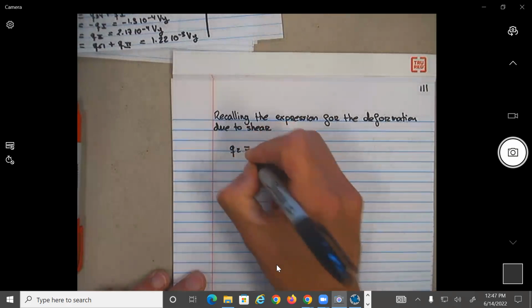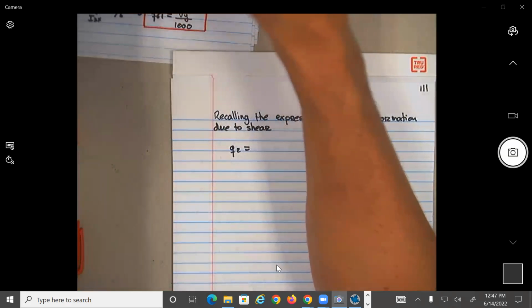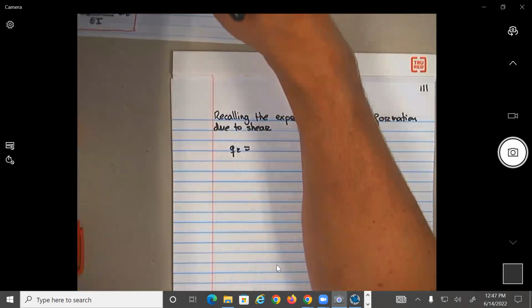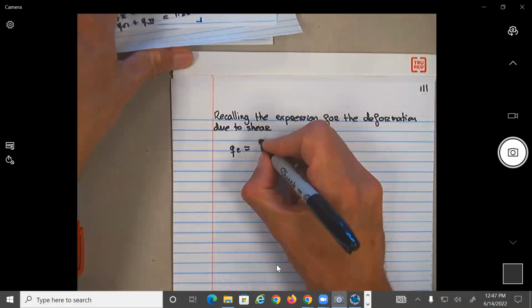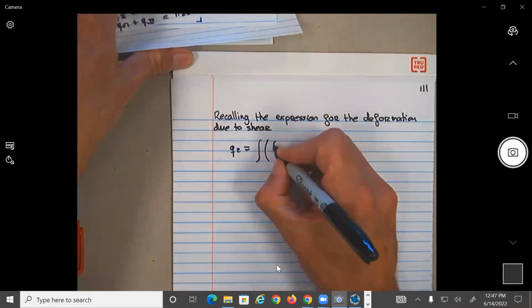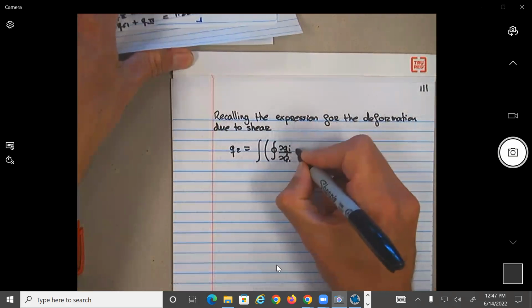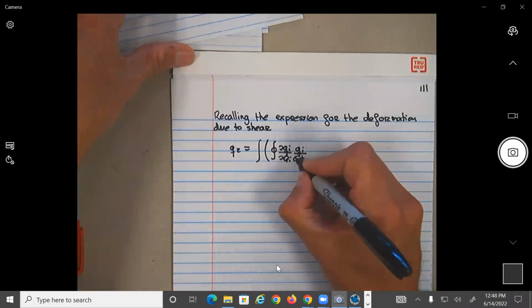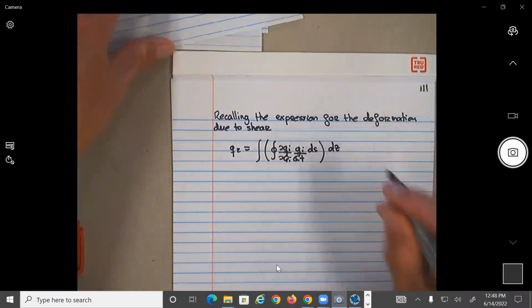Q2 equal to, let's see which order did I use. I think I know, reverse the order. Okay, yeah. Partial of IGT, dz.